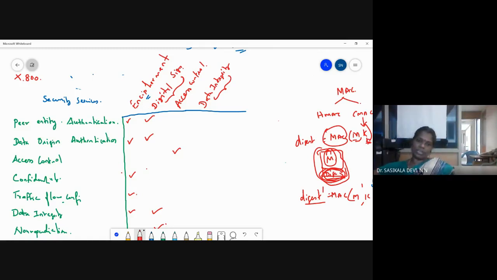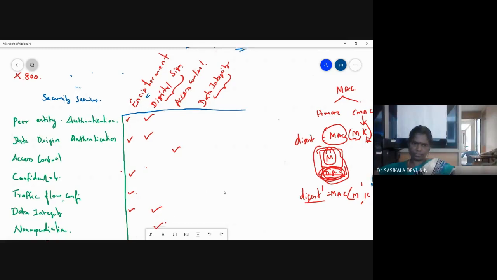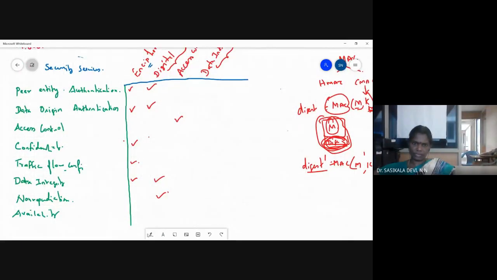So data integrity provides only integrity. The data integrity mechanisms HMAC or CMAC provide integrity, and moreover it is encrypted using the key K. The person with the K key can do this encryption, so it also provides non-repudiation.